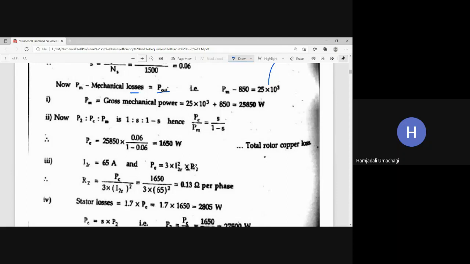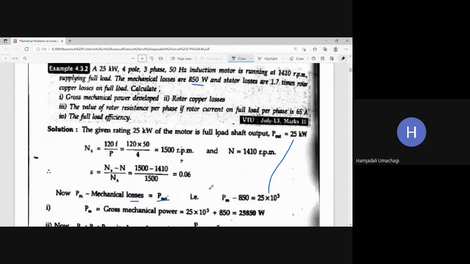Taking out R2, the expression becomes PC upon 3 into I2R square. The rotor copper loss is 1650 and the rotor current under running condition is 65. On substituting and solving, we get rotor resistance R2 equal to 0.13 ohms per phase.